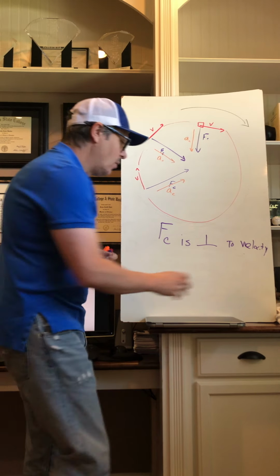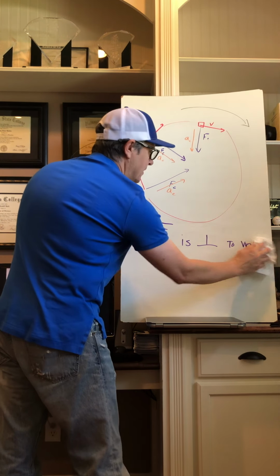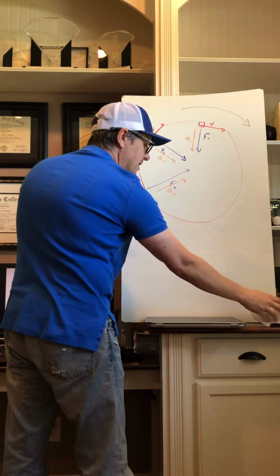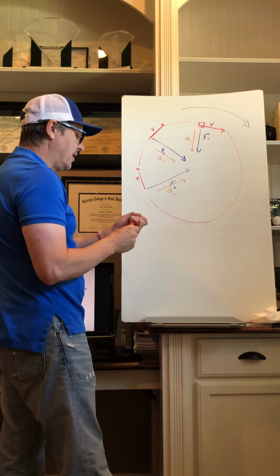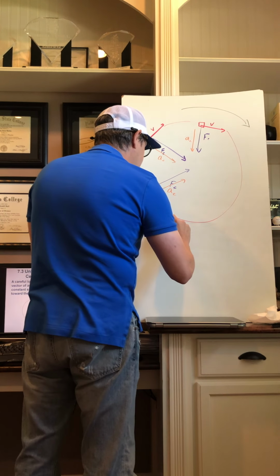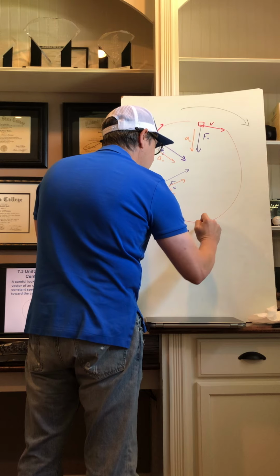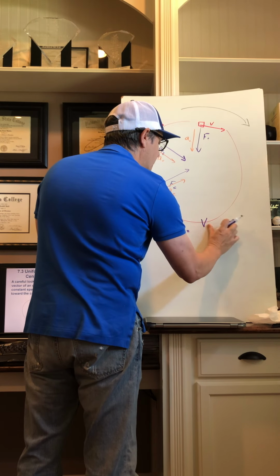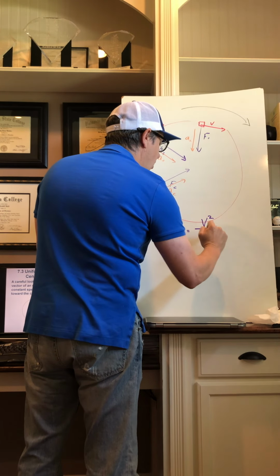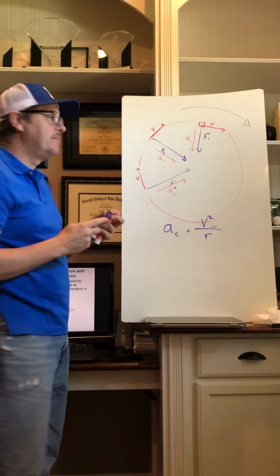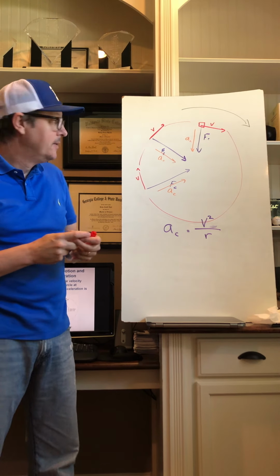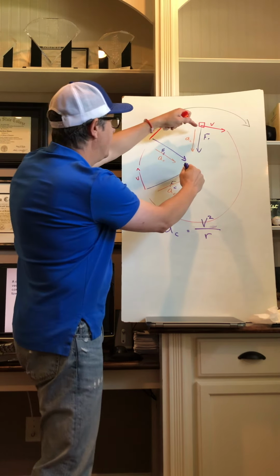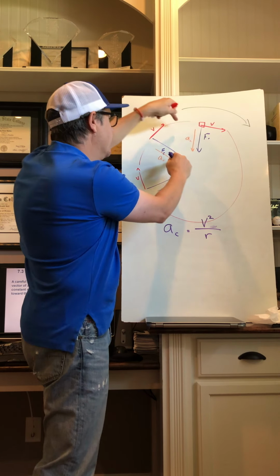So what I wanted to write when I erased that is this. There is a formula for centripetal acceleration. The formula for centripetal acceleration is v squared over r. That means the velocity of this object squared divided by the radius at which it rotates.